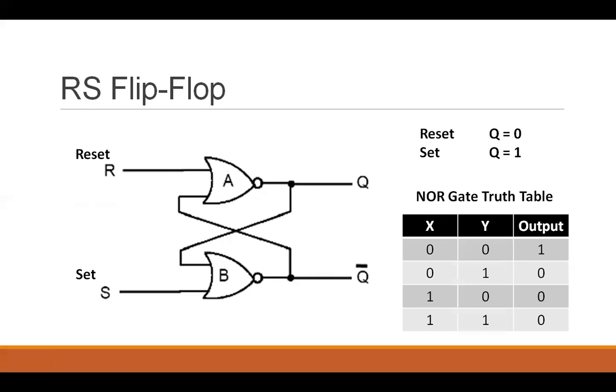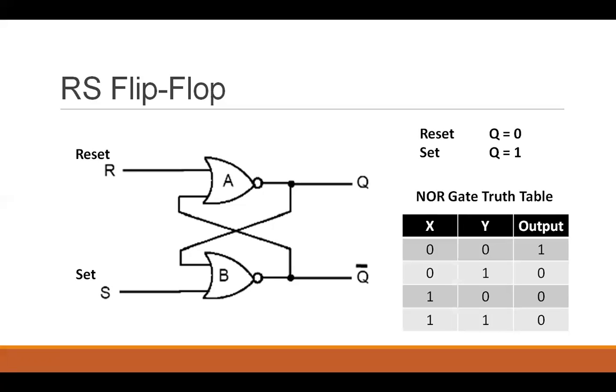Before I move on and start analyzing this circuit and teach you how to make the truth table of this circuit, which is going to be a little bit different than the previous way of making the truth tables, I want you to remember the NOR gate truth table. In the NOR gate truth table, you learned in your O levels, 0 plus 0 is 0 and the output is 1, and 0 plus 1 is 1 but output is 0, and 1 plus 0 is 1 but the output is again 0, and 1 plus 1 is 1 but the output is 0.